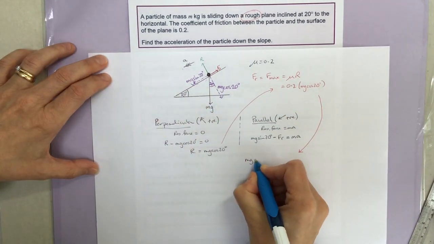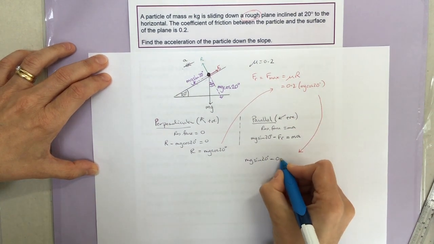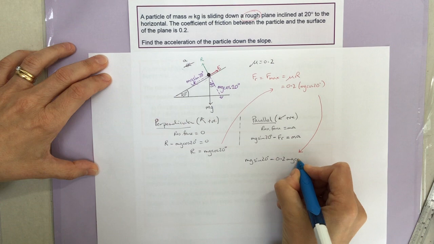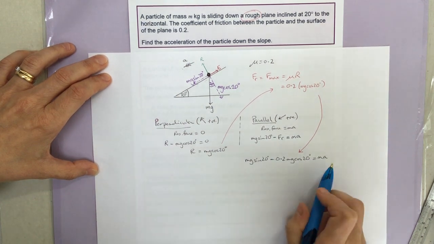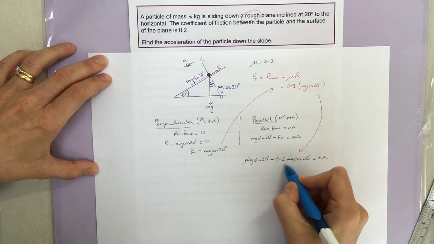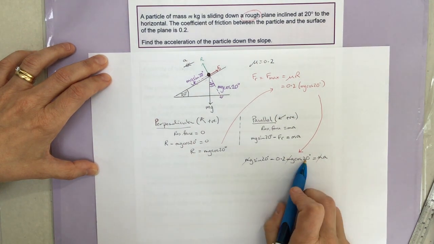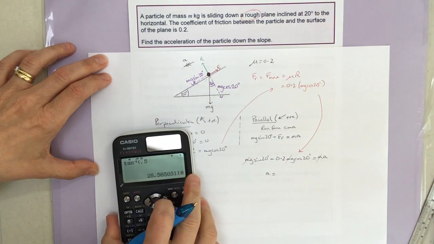So mg sine 20 minus 0.2 mg cos 20 is equal to ma. I want to find out what the acceleration is, so I'm going to divide by m all the way through, and then this is going to give me my expression, or my value, for acceleration.